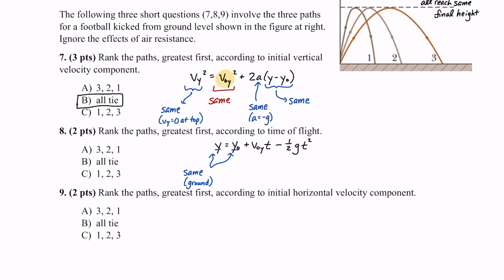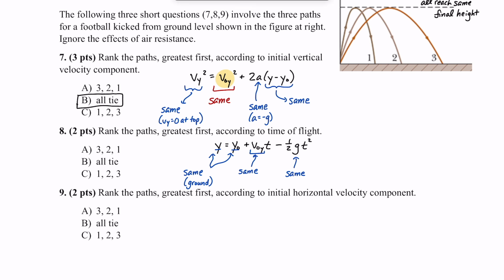We had just said that v naught y is the same for all of them. And then t is what we're trying to solve for. The only other thing in the equation is a 1/2, which is a constant, and g, which is obviously going to be the same for all of the trajectories.